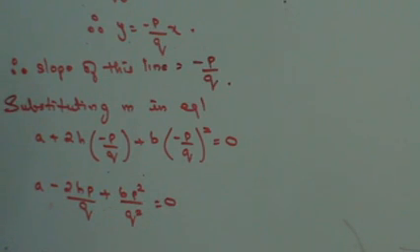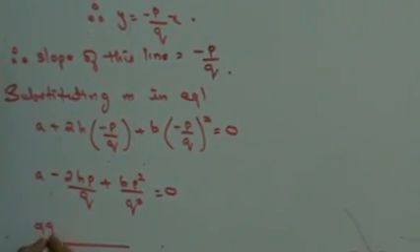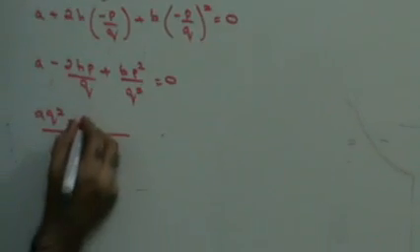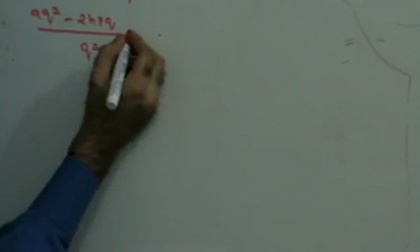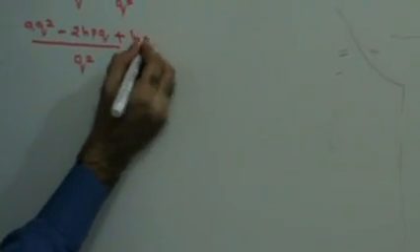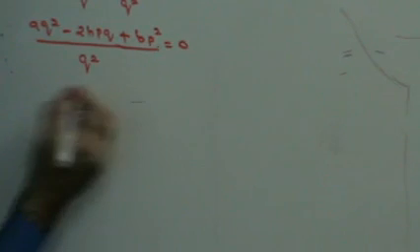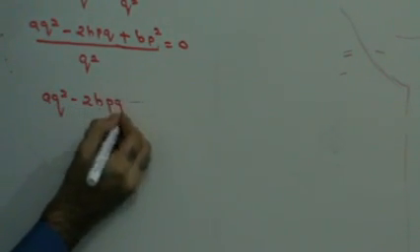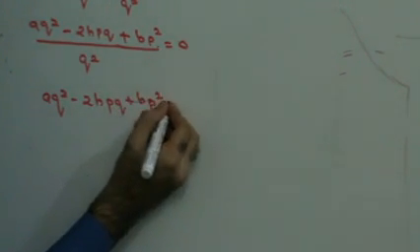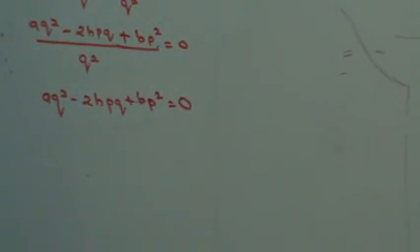I could take q square as the common denominator, so I'll get aq square minus 2hpq plus bp square is 0. Take q square on the other side, so I'll get aq square minus 2hpq plus bp square is 0. And I presume that's exactly what you have to do. Fine, this finishes the sum. Let's move on to the next sum, guys.